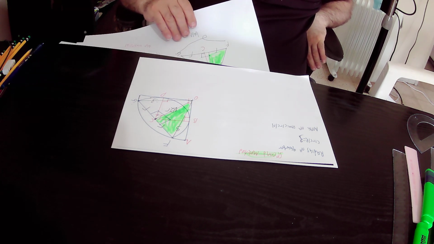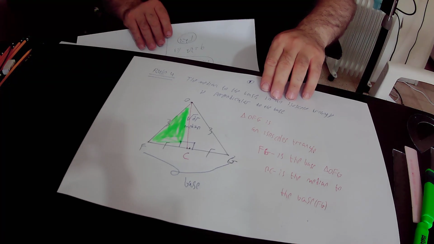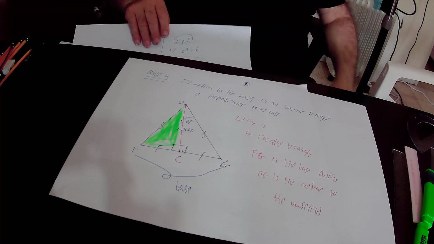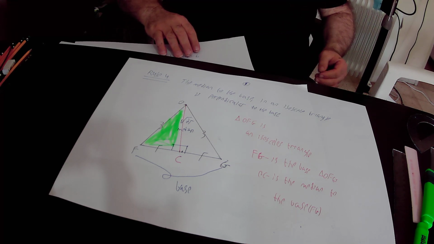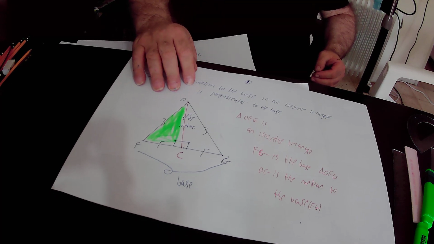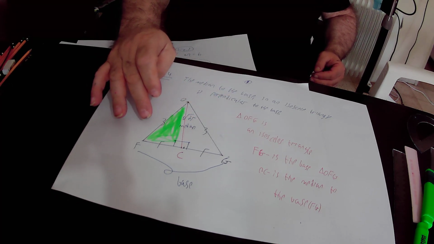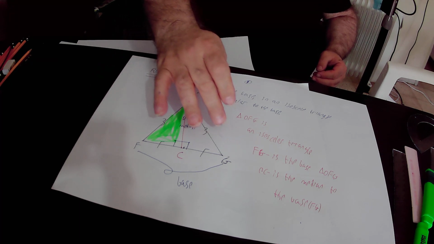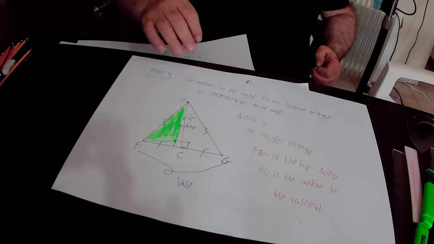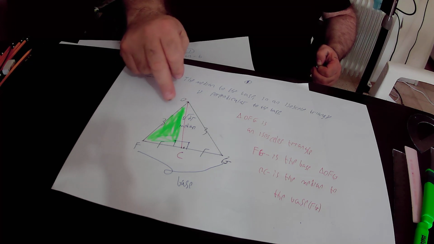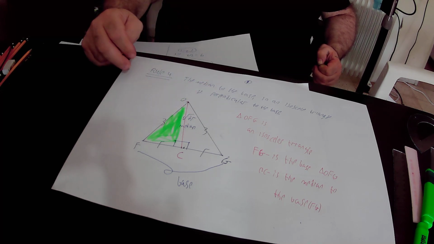Okay, and we have rule number 4. According to rule number 4, the median to the base in an isosceles triangle is perpendicular to the base. So here we have the isosceles triangle FOG. It is isosceles because FO equals OG equals 3 units. The base of the isosceles triangle FOG is FG, and the median to the base is OC.